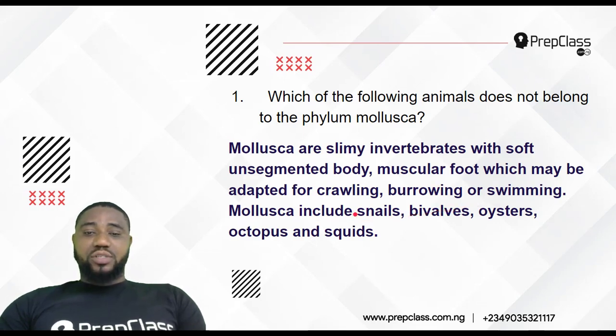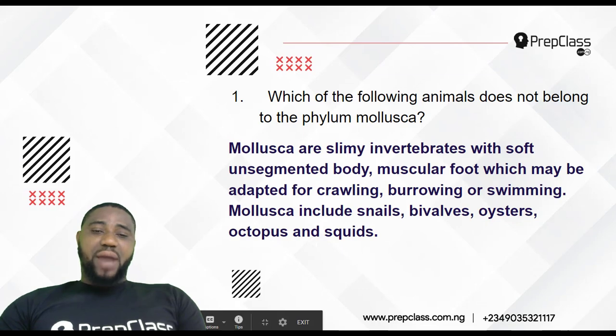The Mollusca include snails, bivalves, oysters, octopus, and squids. So you can see that we've seen our answer. Those soft body, slimy organisms, most especially snails, are known as Mollusca. Other members include octopus, they have soft body tissues, squids, bivalves, and oysters.